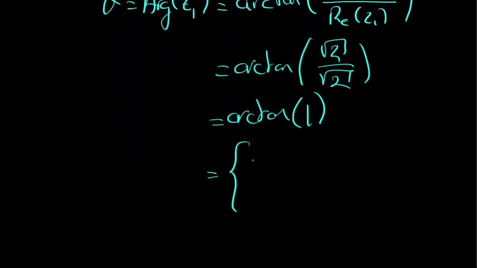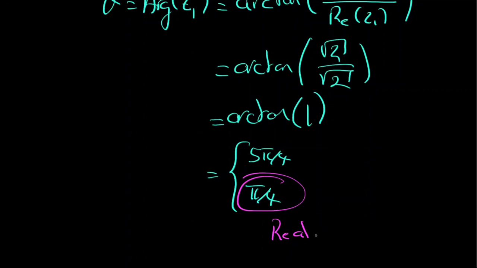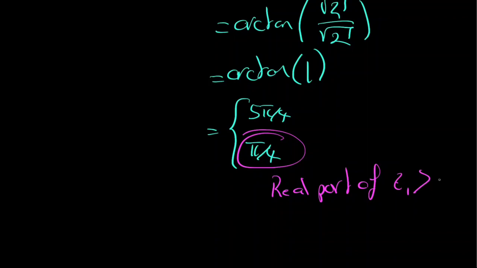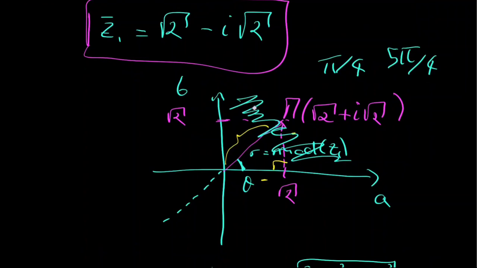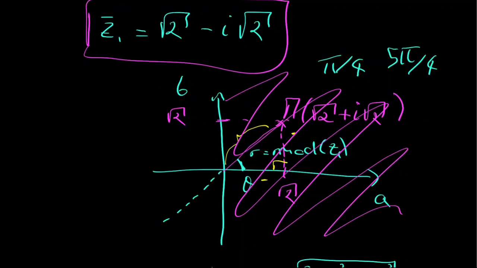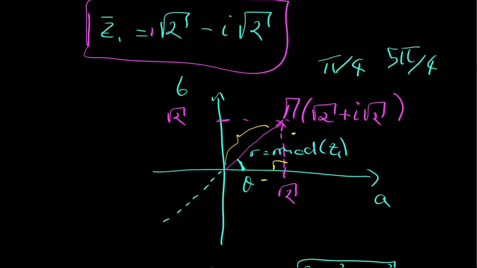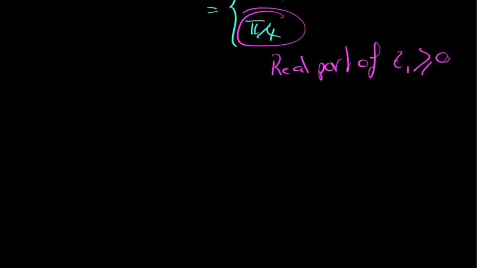The answer would be either 5 pi over 4 or pi over 4, but we know it's this answer because the real part of z1 is greater than or equal to 0. So we are in this side of the plane, because we've got a plus here. This side will help you to find the right answer.